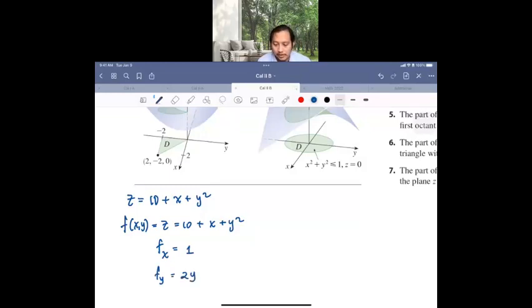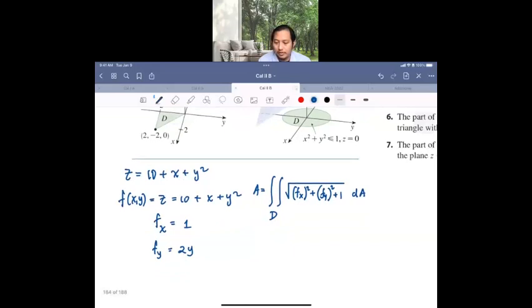This gives us an idea of the surface area: let's say over D, the surface area is the integral of the square root of partial x squared plus partial y squared plus 1, dA.